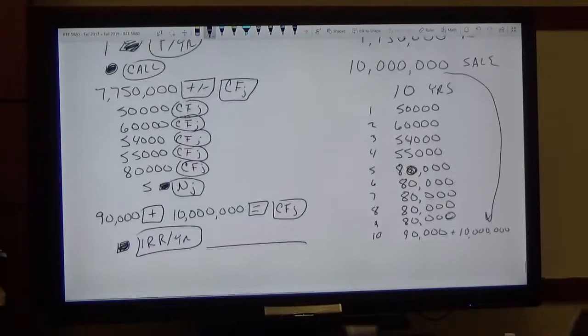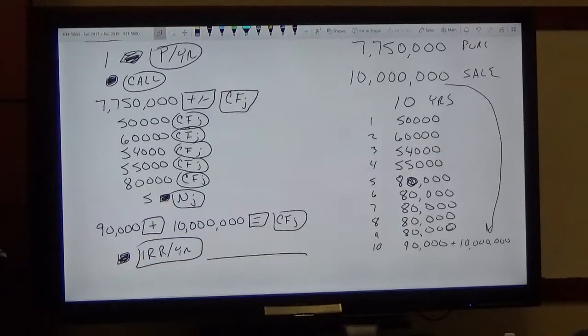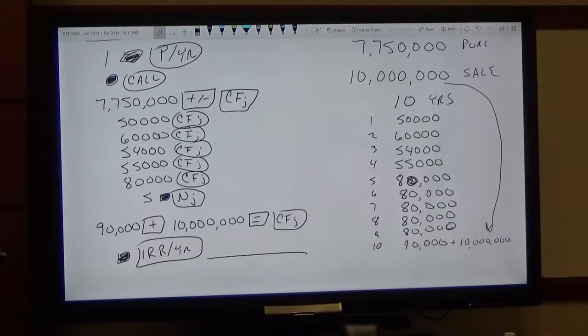So if I just did that, and when I put in the 10,090,000, it still said CF6. Is that problematic? Shouldn't it say CF10? As long as you put in everything as written, it'll be fine. I get no solution for the IRR. If you got no solution, the chances are you did not put the initial investment in as a negative number, you put it in as a positive number.